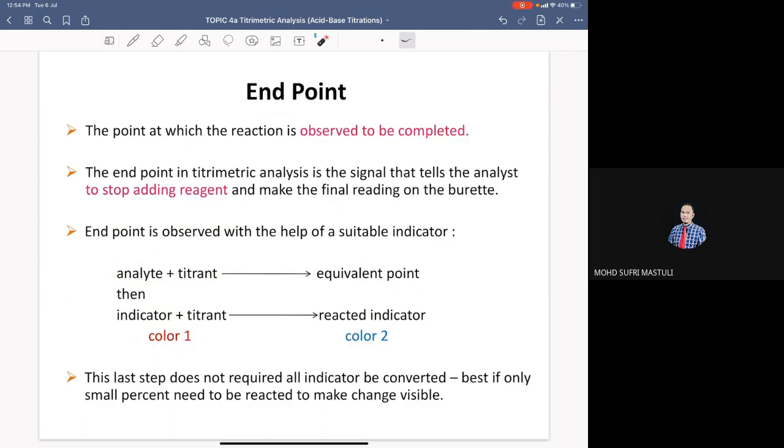This last step does not require all the indicator to be converted. It's best if only a small percent is converted, meaning it's not over-titration. Just one drop or two drops of the titrant can change the color significantly. So no need to convert all the indicator; a small percent needs to react to make the change visible to reach the end point.